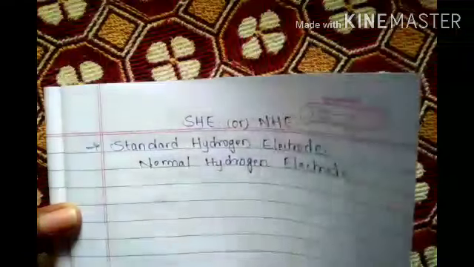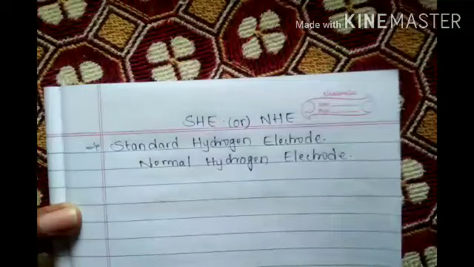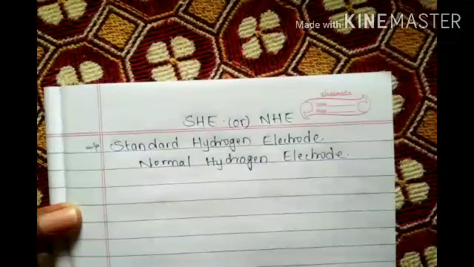Why are we using hydrogen here? Actually, in the middle of this cell we are taking hydrogen gas. That's why we are using the standard or normal hydrogen electrode. This is used for finding how much electricity is transferred.